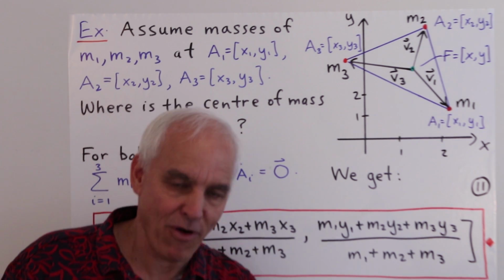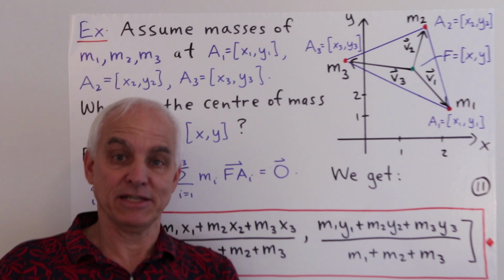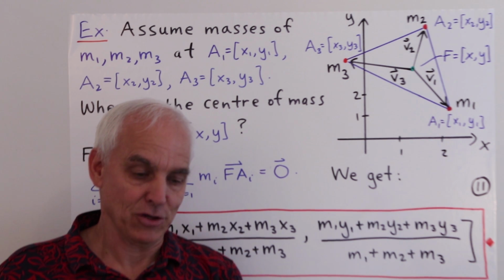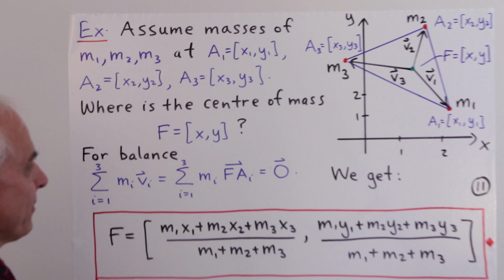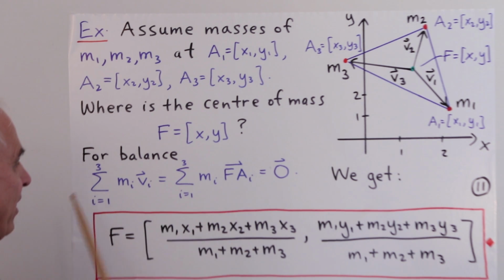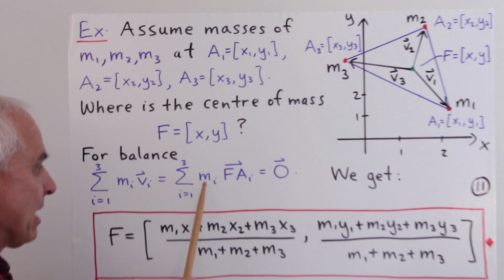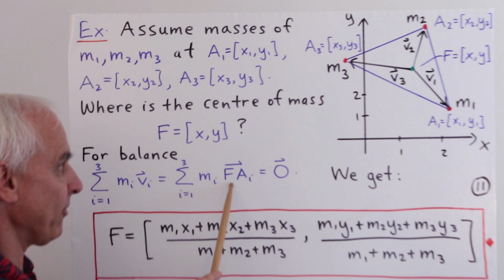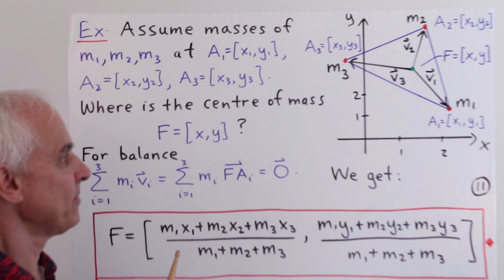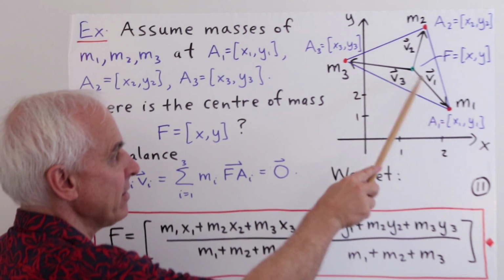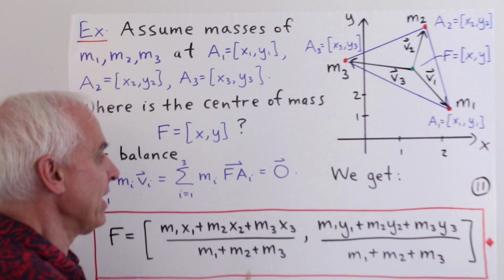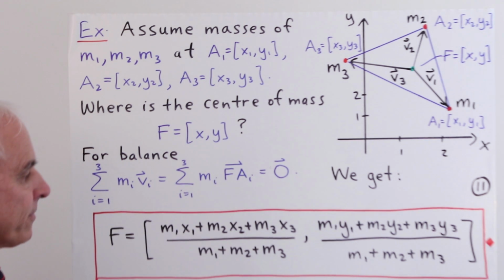And the sum of all those 3 moments has to be 0. That's Archimedes' law of the lever. Okay, so here's the formula for balance. The sum of the moments, which is the sum of the products of masses times these vectors, FA1, FA2, FA3, equals the zero vector.